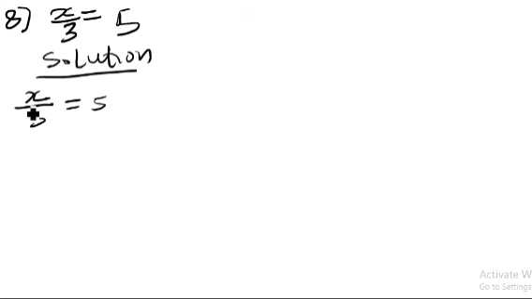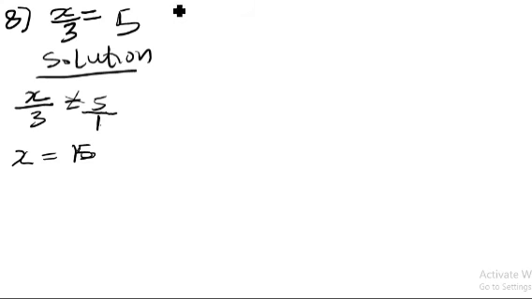There's not much work to do here, since you can just cross multiply. When you cross multiply, you're going to have x equal to 3 times 5. Let's assume there is an invisible 1 here. 1 times x is x, 3 times 5 is 15. So x equal to 15.